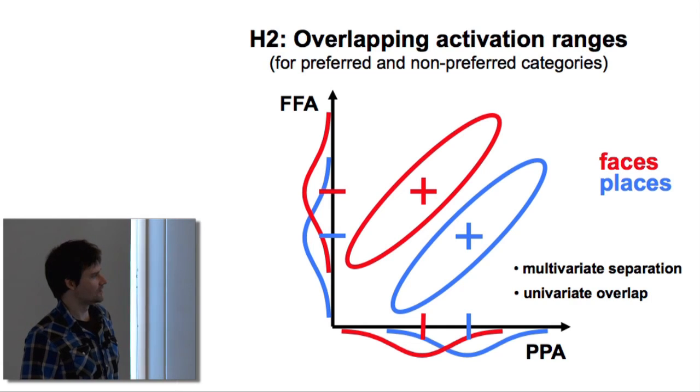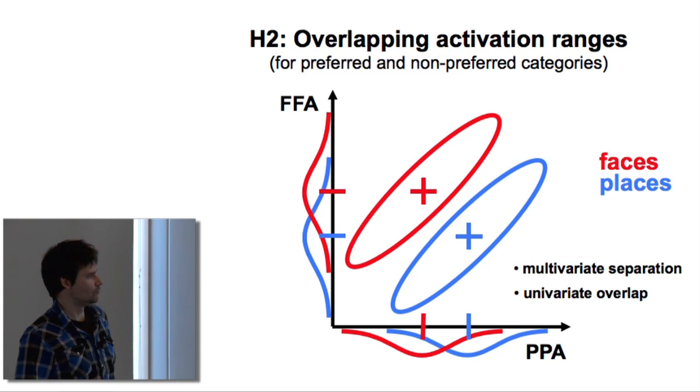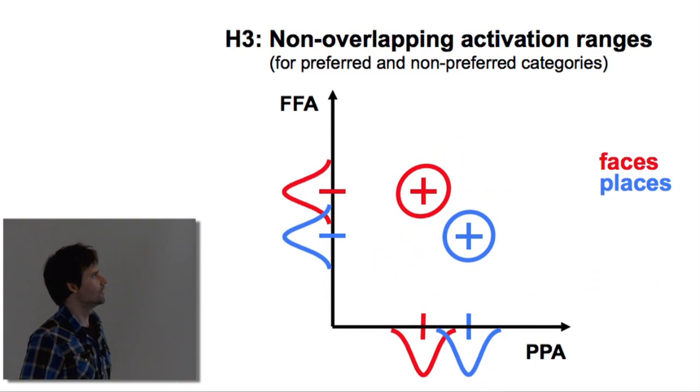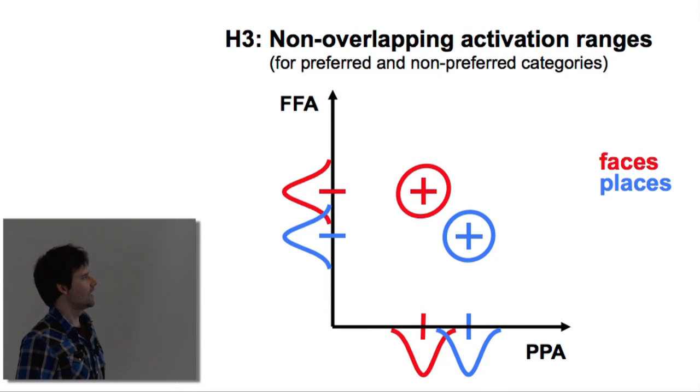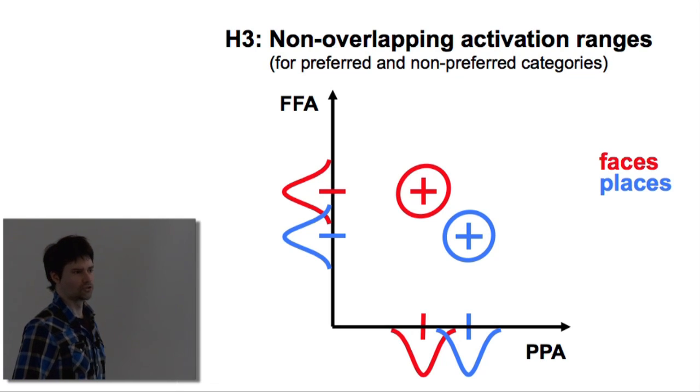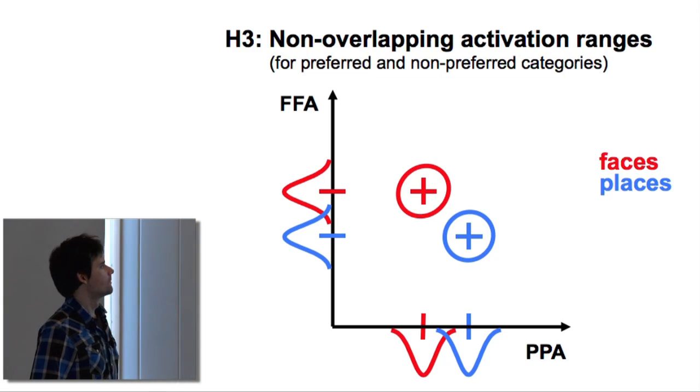So we'd have multivariate separation, but we could still have univariate overlap. And finally, another possibility would be that FFA and PPA are categorical independently of each other at the univariate level already, and that would imply that all the faces elicit more activity in FFA than all the places, and more generally all other object category members.